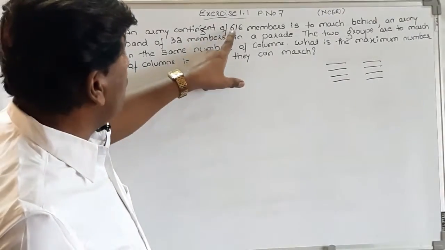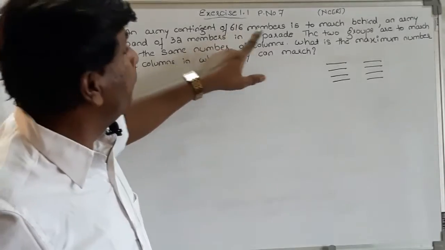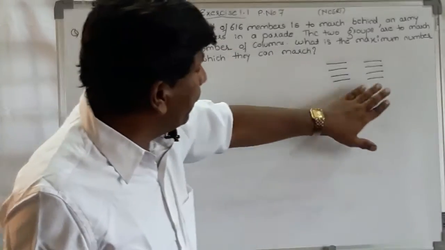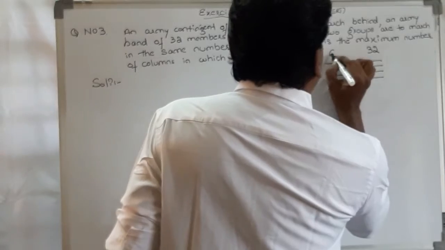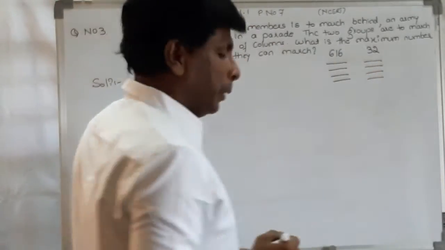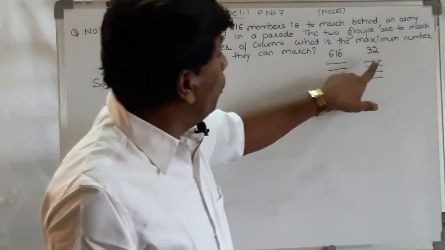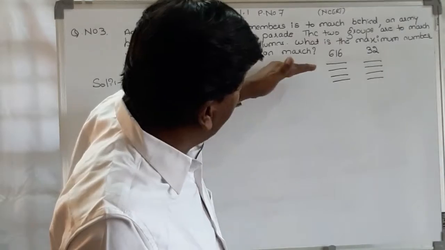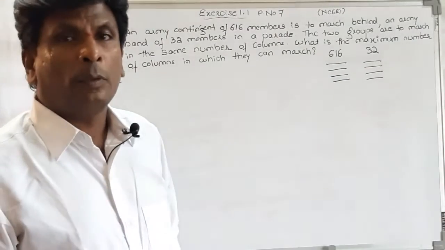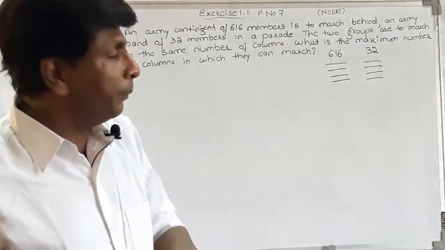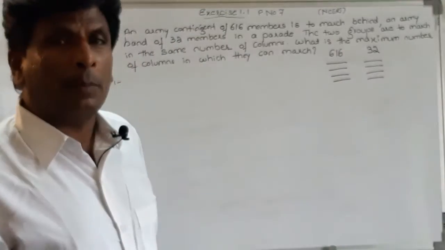See here, these are 616 members and these are 32 members. Both should be in the same number of columns.